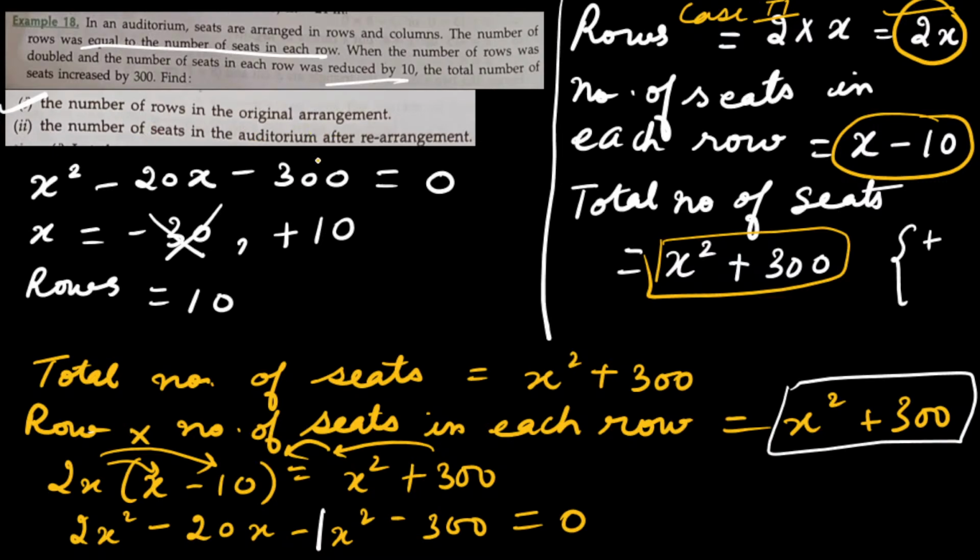So x square means 10 square, 10 square plus 300. 10 square is 100, 100 plus 300 is 400. So the first answer is 10 and the answer of the second part is 400.